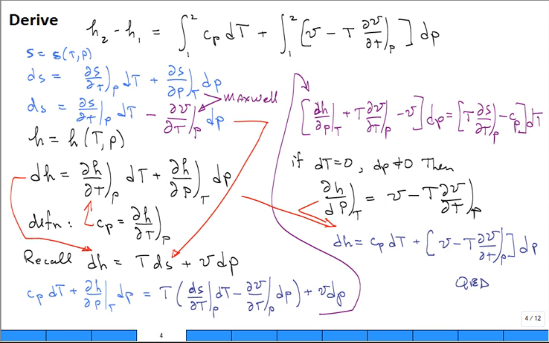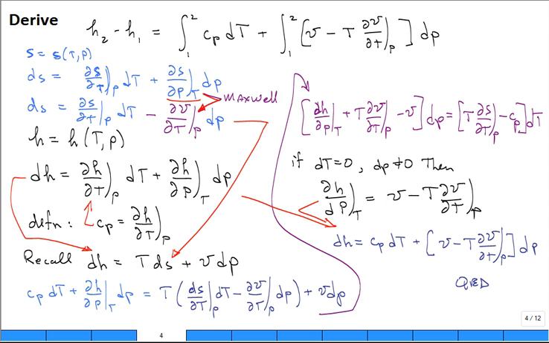Then through the chain rule, dS is equal to the partial of S with respect to T, holding pressure constant, dT plus blah, blah, blah. You use Maxwell's equation, one of Maxwell's relationships, to change out this part right here. So there you go. Now we have dS as a function.